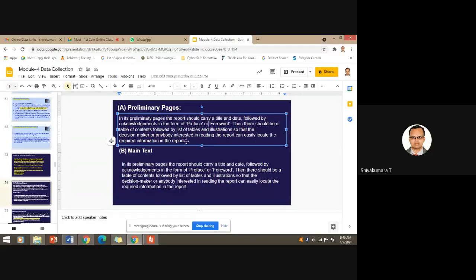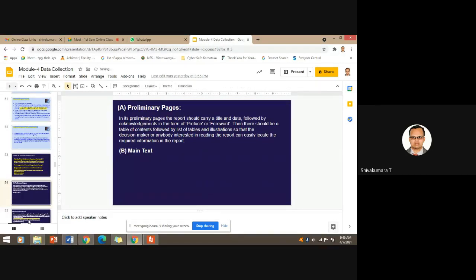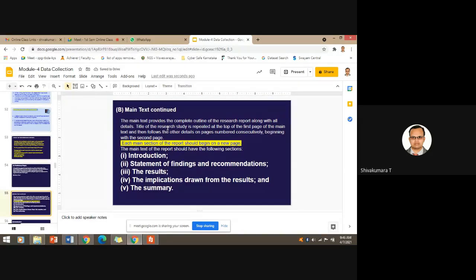Okay. So the second layout of that report is the main text. Usually the main text consists of the information about the chapters and so on. The main text provides the complete outline of the research report along with all details.